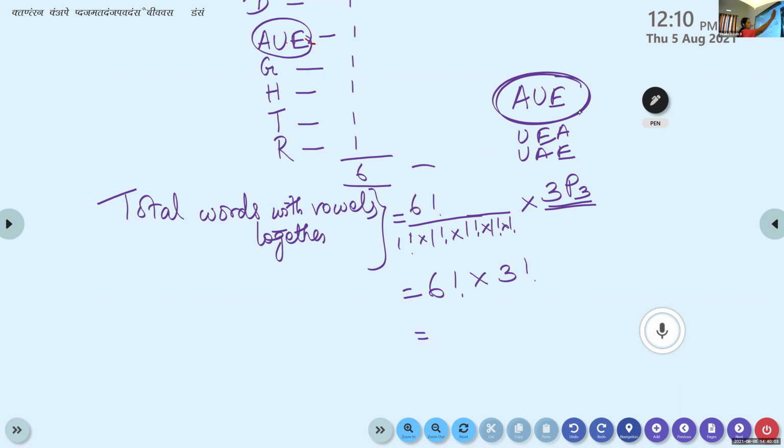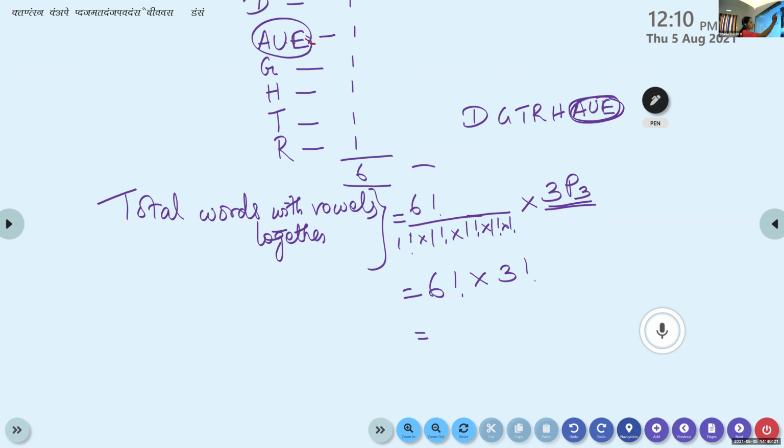When we arrange the vowels, we write them as a single unit. Suppose I am arranging G, H, T, R, and I am going to write the vowels A, U, E. The vowels should come as a single unit. So these letters themselves we can arrange. Instead of starting with A, we can arrange it with U.